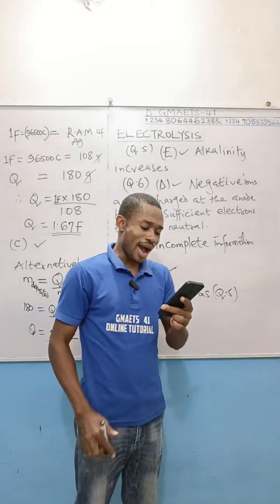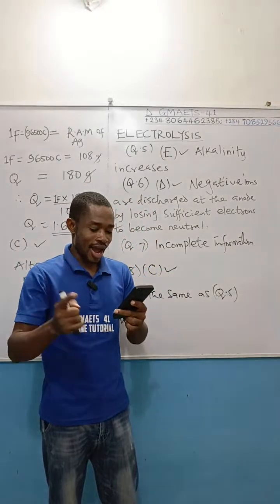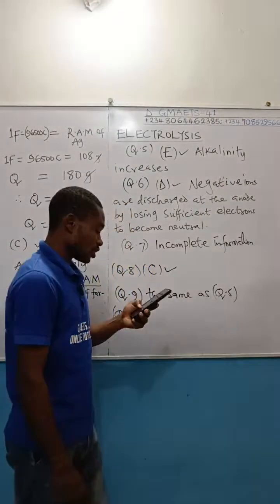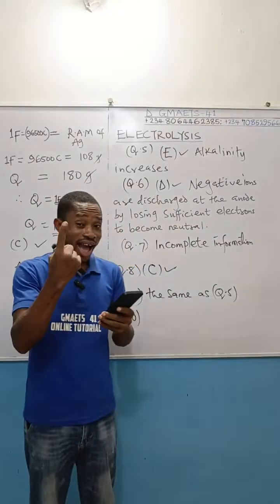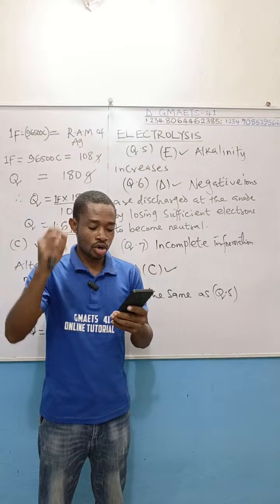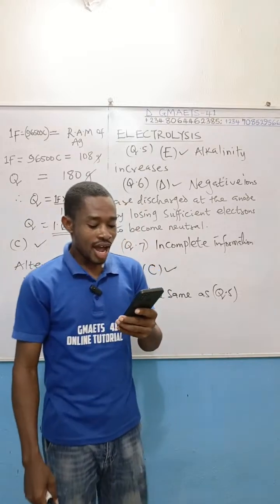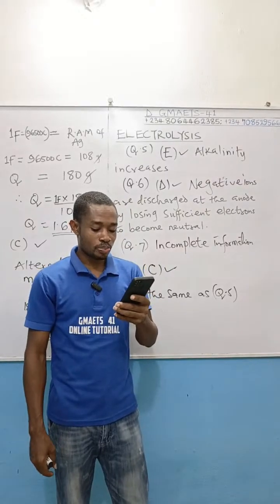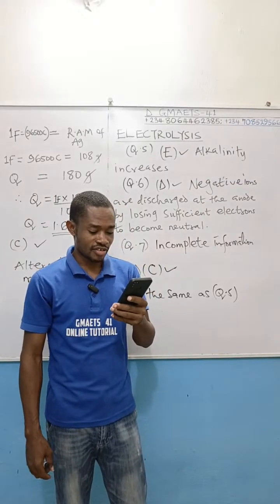What is meant by I, anode, II, cathode, as used in electrolysis? That's question number 10. Option A, anode is positive electrode, cathode is negative electrode.